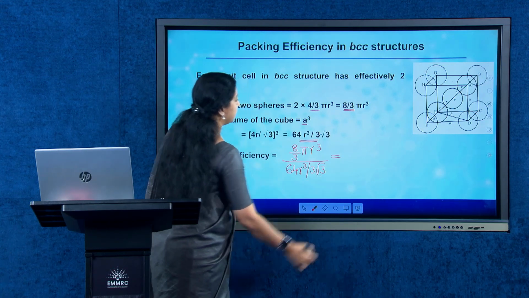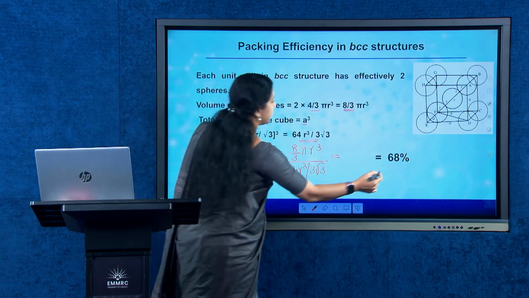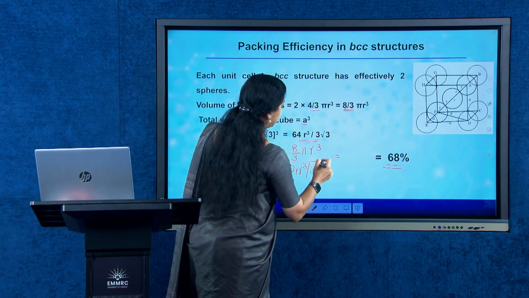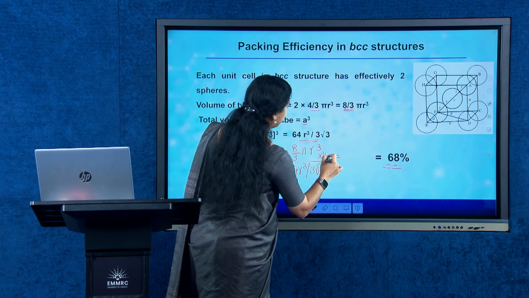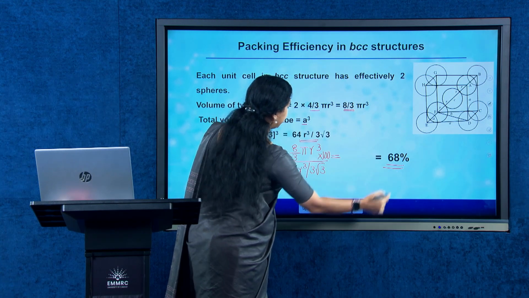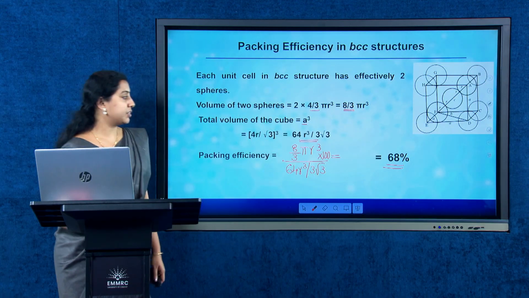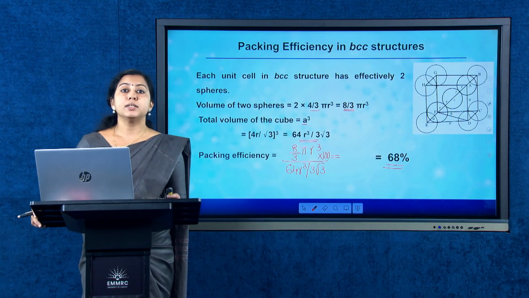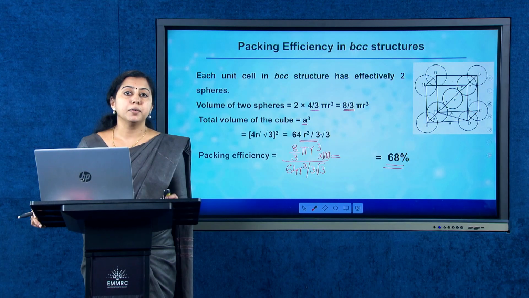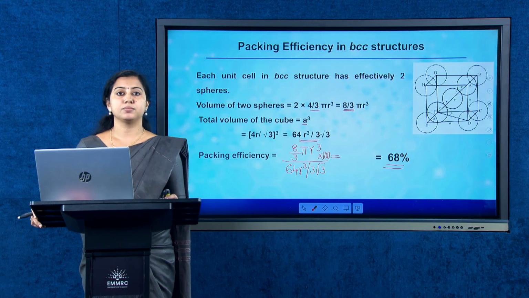So, that will be equal to 0.68. You have to multiply by 100 also in order to represent it in percentage. So, packing efficiency will correspond to 68% in BCC structure.